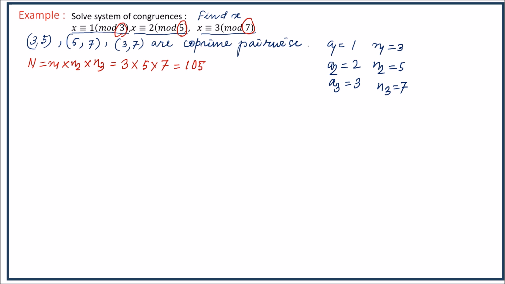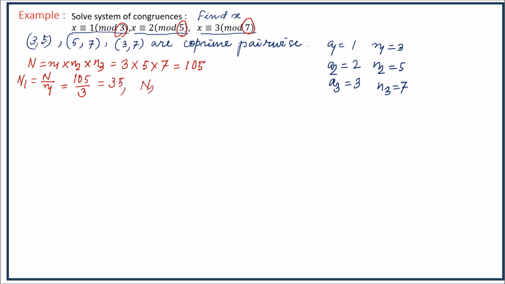Next, coming to the second step. Second step is finding individual capital N. So capital N1 equals N by small n1. So it will be 105 by 3. That will be 35. Or directly we can multiply 7 and 5.